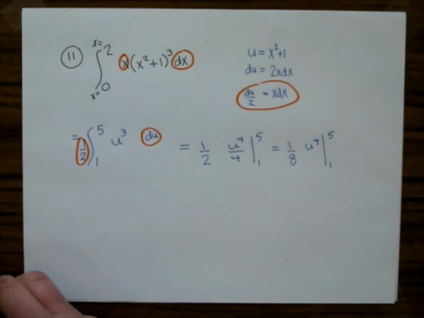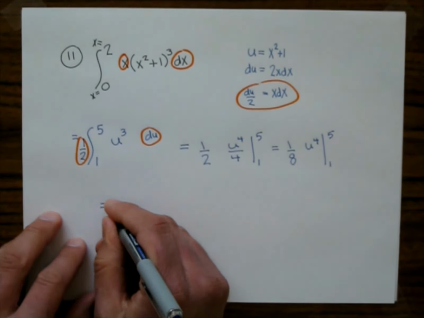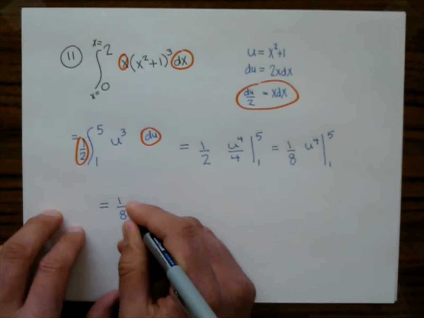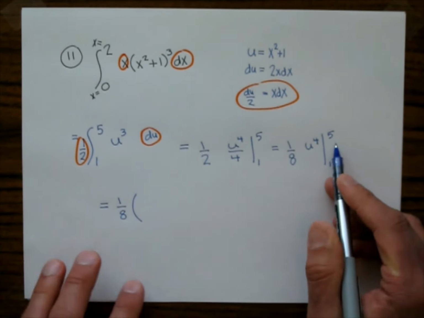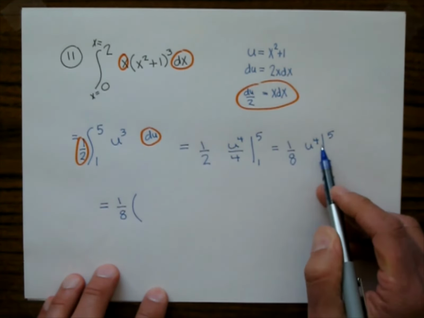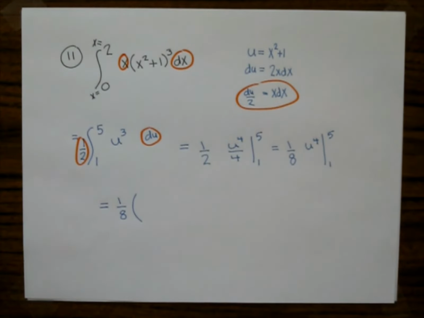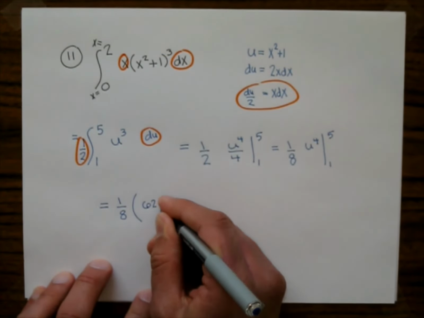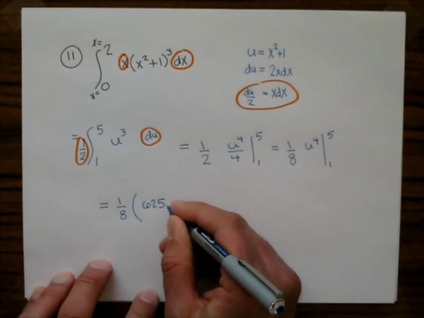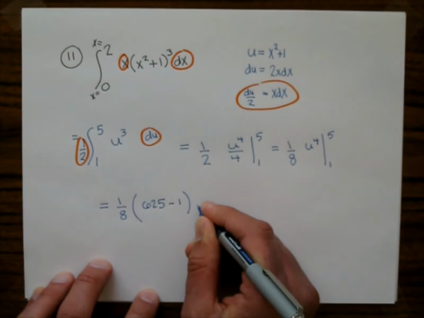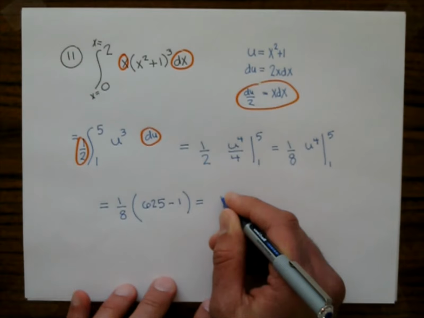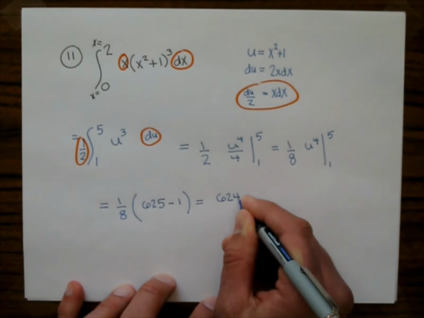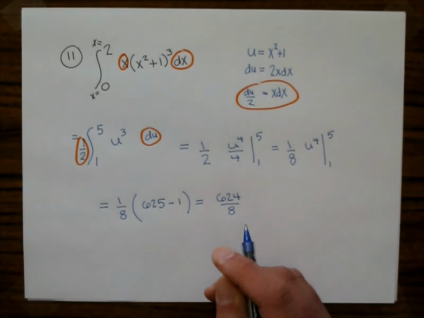I might have to go to some big numbers here. 1/8. I'm going to just leave that out and then do the fundamental theorem of calculus just on the u to the fourth. So I have 5 to the fourth, which is 625, minus 1 to the fourth. So this is 624 over 8.